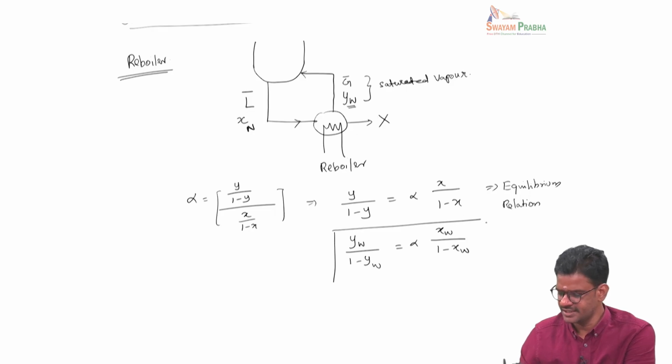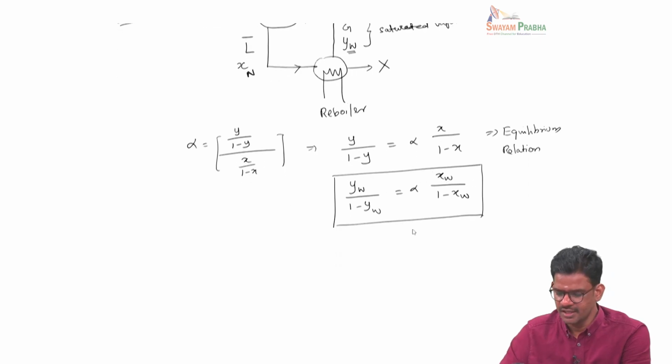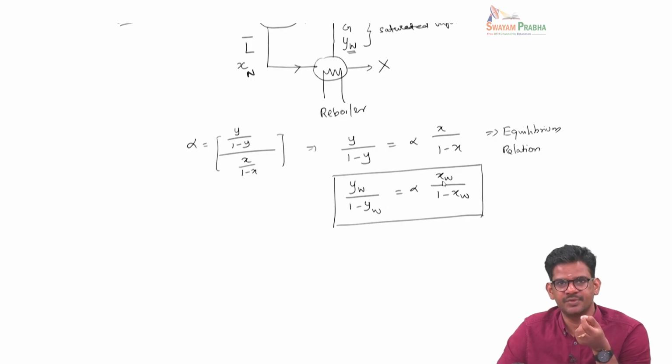So this condition is satisfied at the reboiler. So remember here, YW is the composition of the saturated vapor and XW would be the composition of the last droplet that is present in the system.